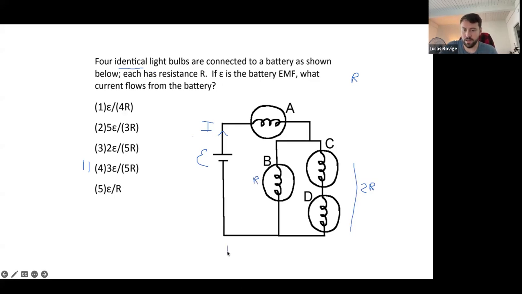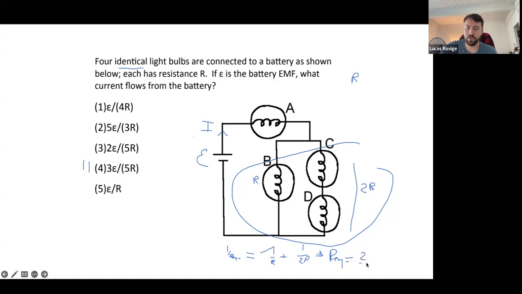And so they're in parallel, and so 1 over the equivalent is 1 over R plus 1 over 2R. That gives you R equivalent equal to 2/3 of the initial resistance of one bulb. And then this one is in series with this equivalent resistance we just got, and so we just add the values.